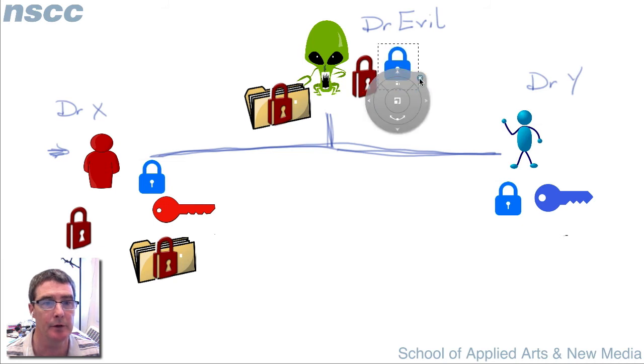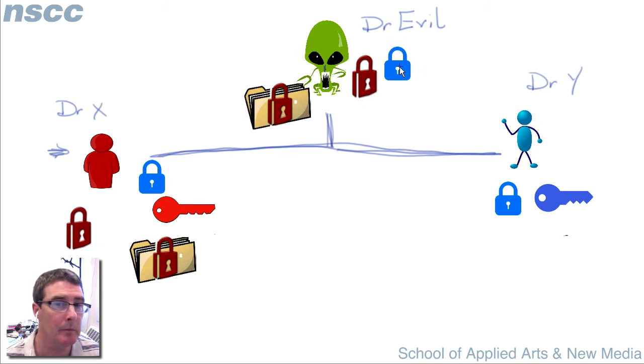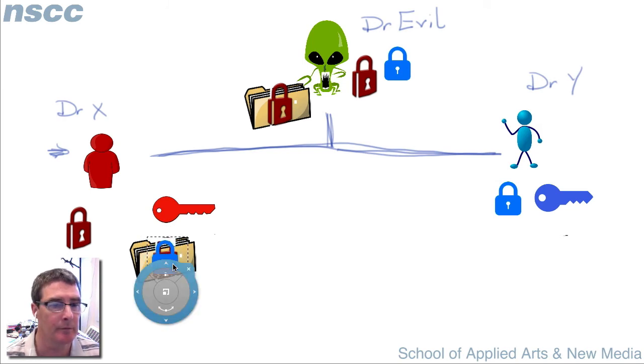And so Dr. Evil can collect all the public keys that he wants, but he can't decrypt any of the information which comes, because the information which comes is all encrypted with a public key, but can only be decoded by the private key.